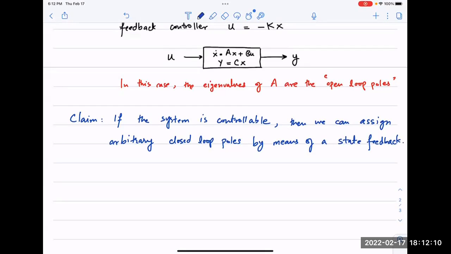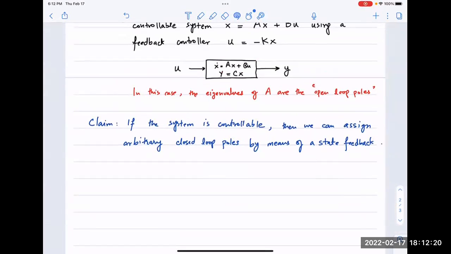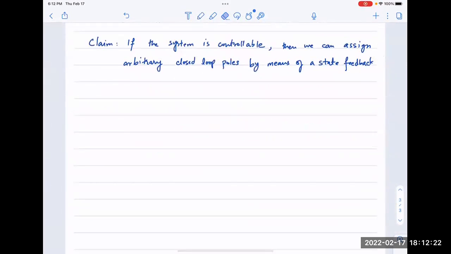Okay, excellent. So for the feedback law, let's write the term here.